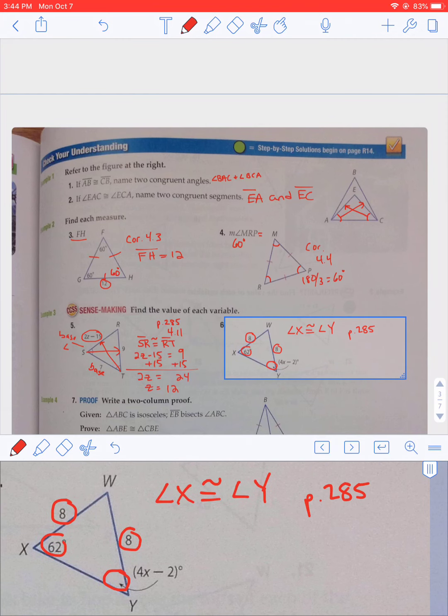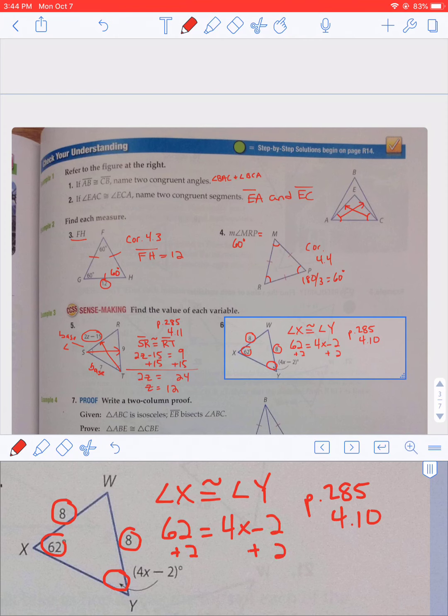And so that's why I can say angle x is congruent to angle y, because of theorem 4.10. So now I'm going to substitute. Angle x is 62. Angle y is 4x minus 2 degrees. So I'm just going to add 2 to both sides because I need to figure out what x is. And then when I solve for x by dividing by 4 on both sides, 4 into 64 is 16, okay?